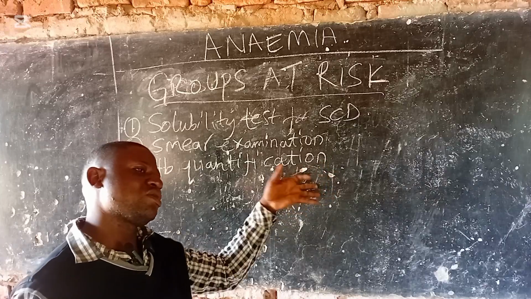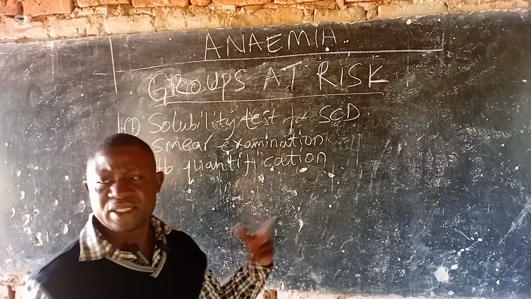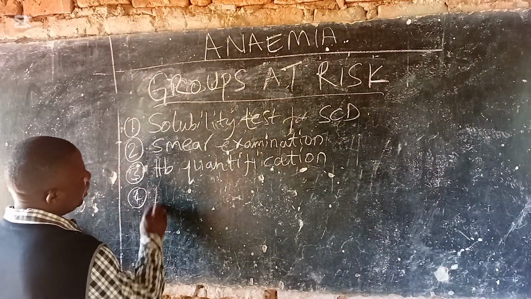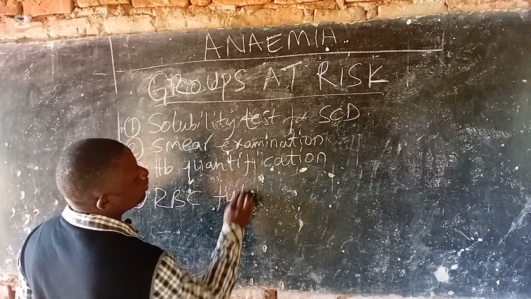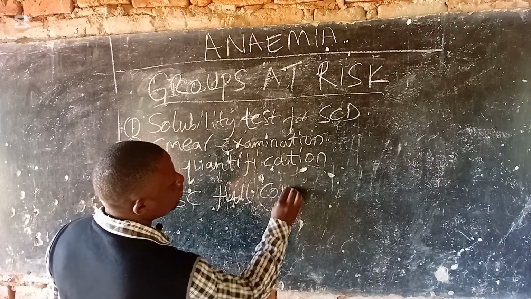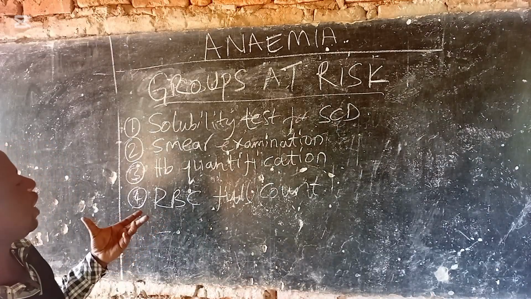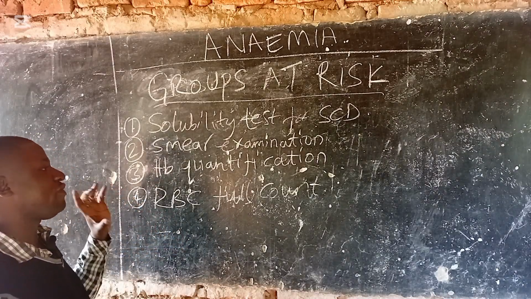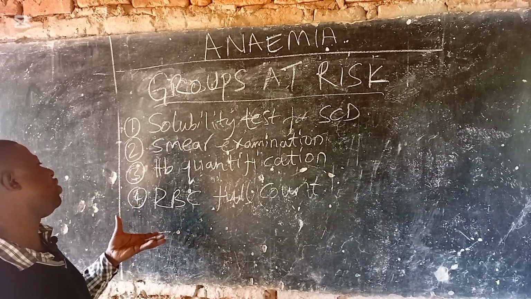Here you can use the study hemoglobinometer, a hemochu, like that. You can also do a red blood cell full count, and many other tests, but majorly these are the ones we have managed to list here, which are the most common ones.